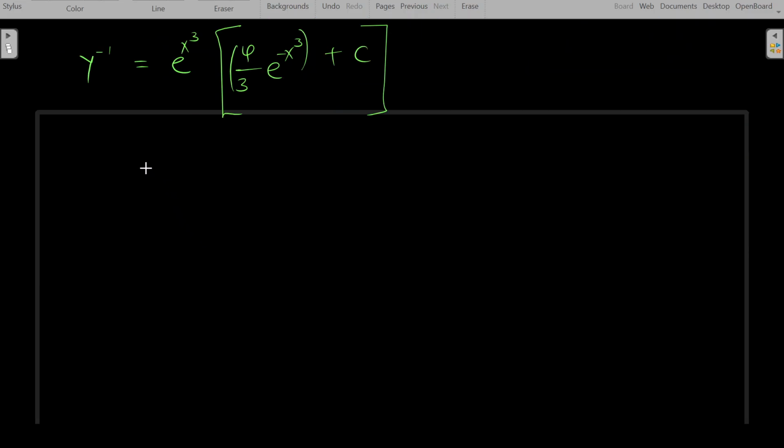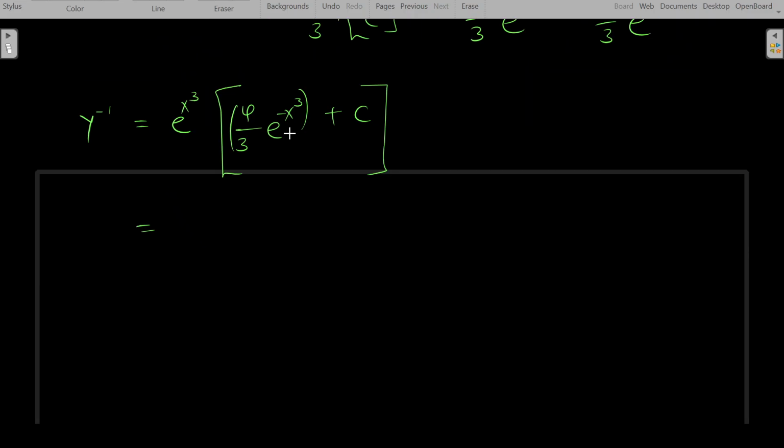So our answer: if I distribute it inside, this is just 4 over 3 multiplied by e raised to x cubed, multiplied by e raised to negative x cubed, then I add e raised to the x cubed multiplied by a constant of integration.